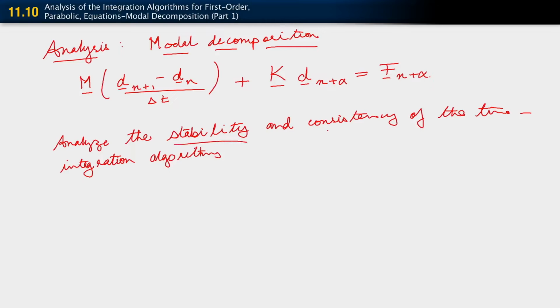We will define what we mean by their stability and consistency.